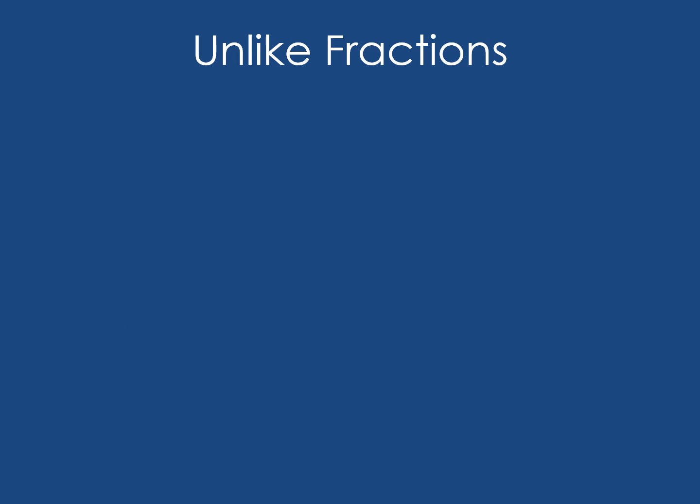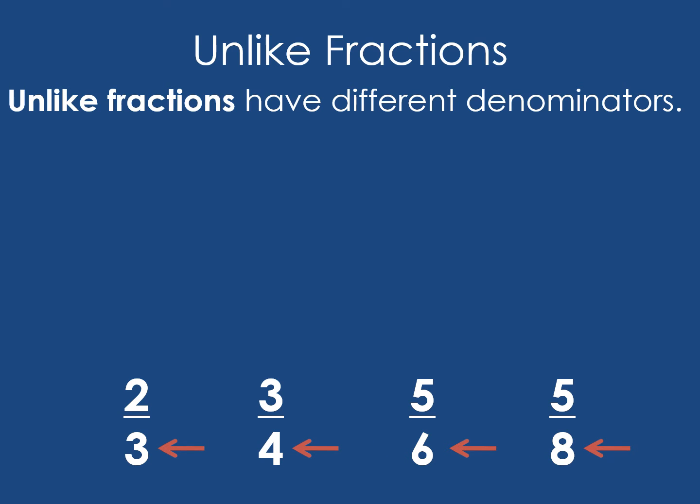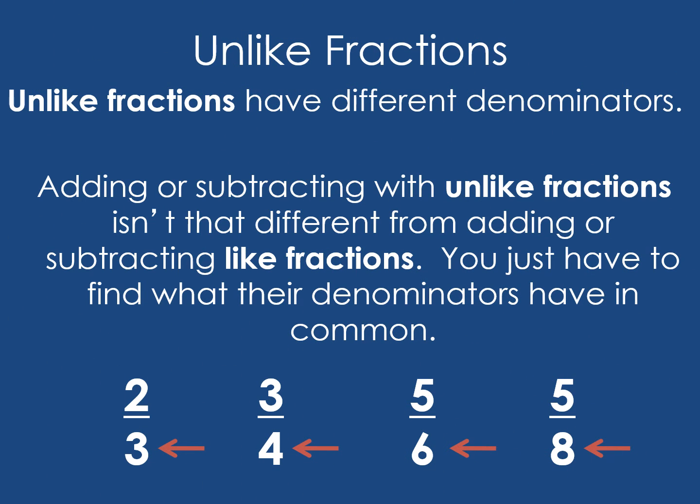Let's proceed now to unlike fractions. Unlike fractions have different denominators, just like below: 2/3, 3/4, 5/6, and 5/8. Adding or subtracting unlike fractions is not that different from adding or subtracting like fractions.